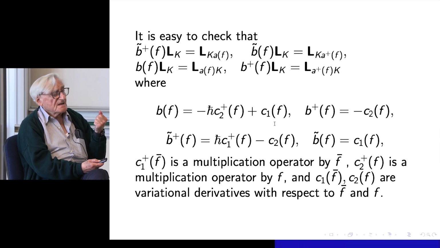So basically, what I'm saying here is that every operator on density matrices that is expressed in terms of A star and A can be translated to L functionals, every one.